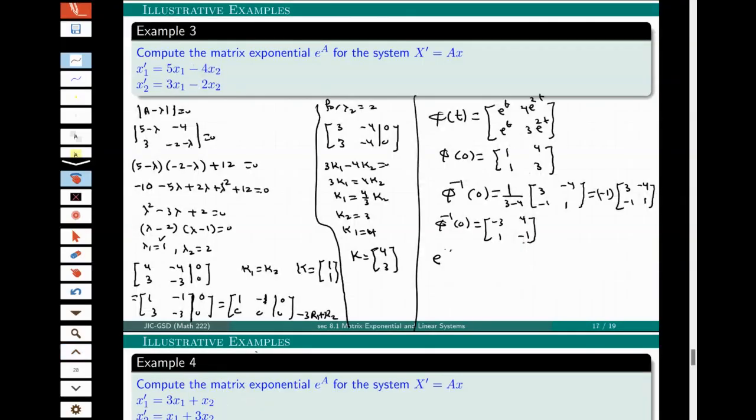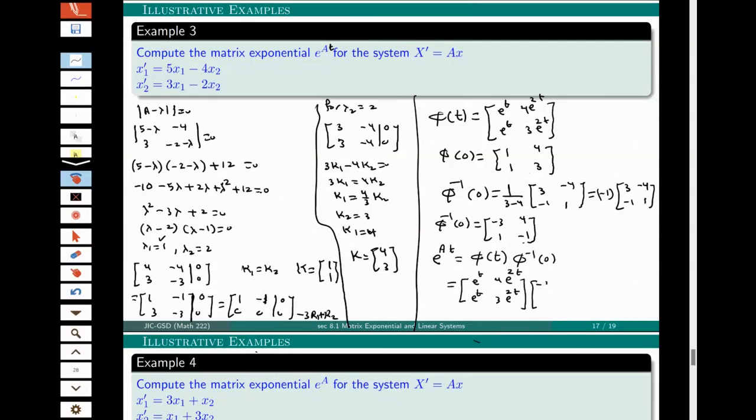This is a correction here, it's e to the power At. The rule says e to the power At will be phi of t times the inverse. So it will be phi of t, which is e to the power t 4 e to the power 2t, and e to the power t 3 e to the power 2t.